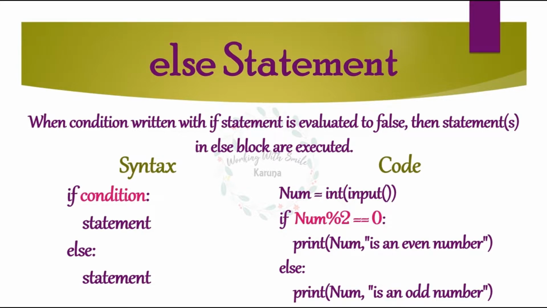But if the condition gets false, then it will simply move to the else part, which will result into the execution of the print statement, giving the output the number is an odd number. The else part does not include any condition and gets executed when the conditions written before the else are false.